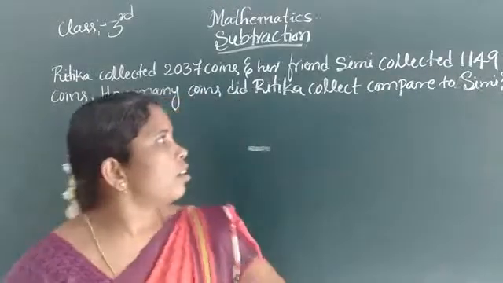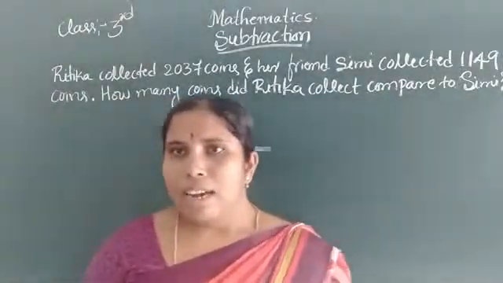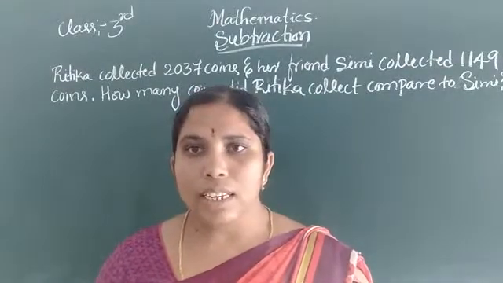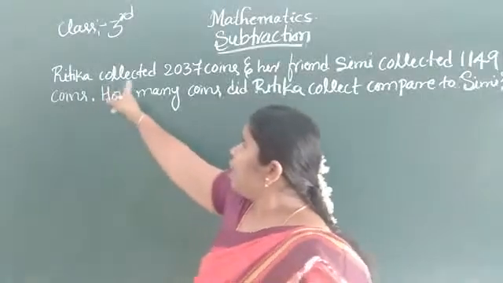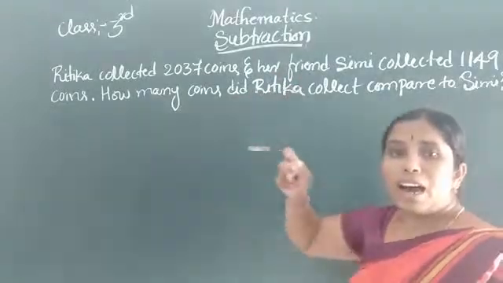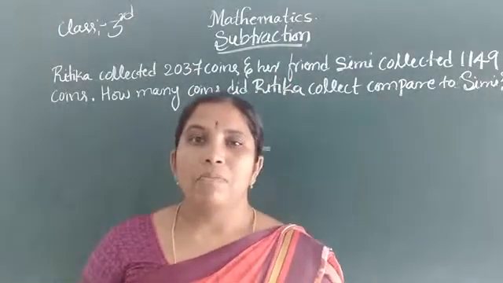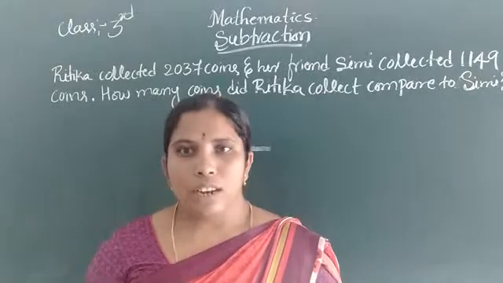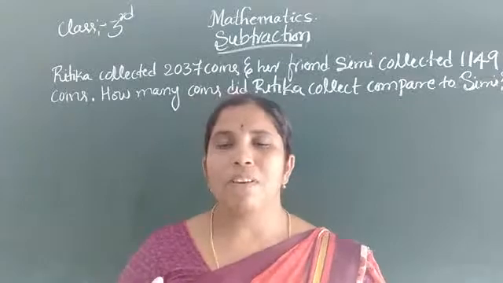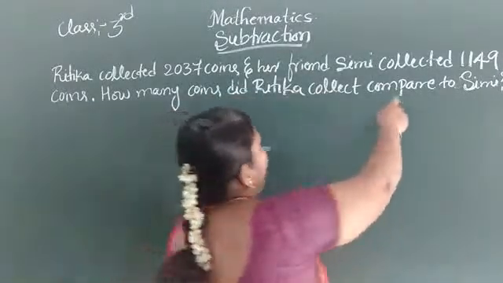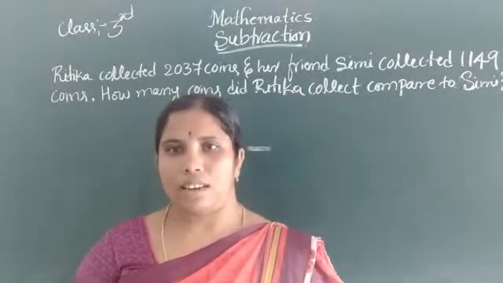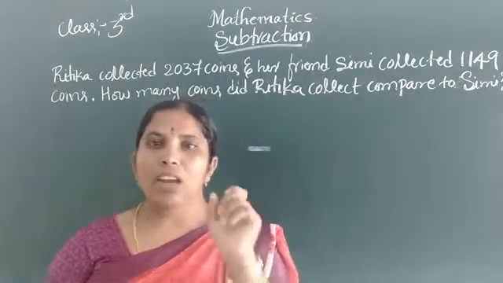See, observe. Ritika collected how many coins? 2037 coins. Her friend Simi collected 1149.